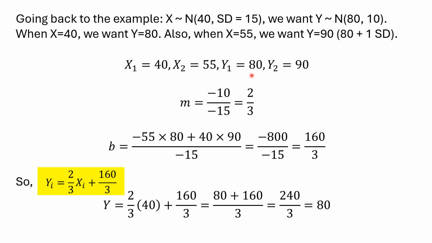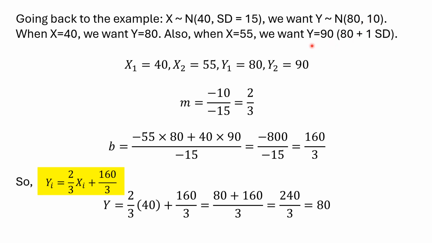And then at one standard deviation above the mean, that would be 40 plus 15, which is 55 for the x. So when x is 55, we want y to be one standard deviation above its mean. The mean for y is 80, and we add one standard deviation, which is 10.